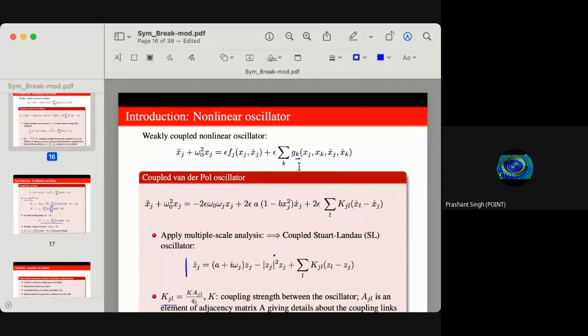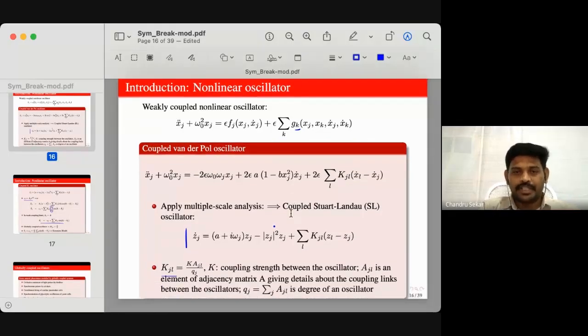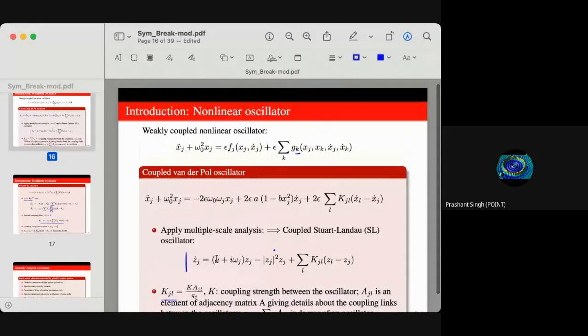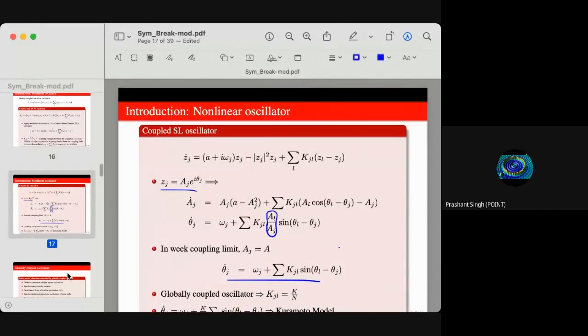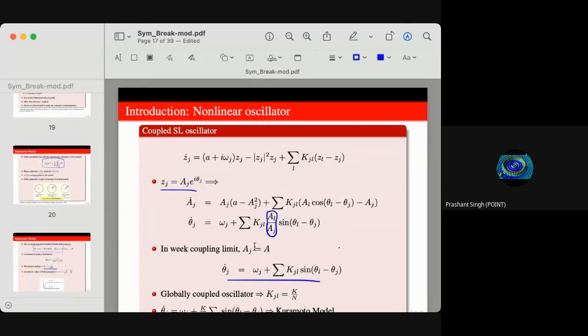Here you have this type of weakly coupled nonlinear systems, and on expansion of these systems you may get this type of van der Pol type model. So with an appropriate value of coupling, you can get this type of tri-stability. Okay, sir. But for strongly coupled, it might not be possible. Yeah. For strongly coupled, you have to concentrate on amplitude as well. So you have to solve the whole system, A and theta. Okay. So thank you so much, sir.